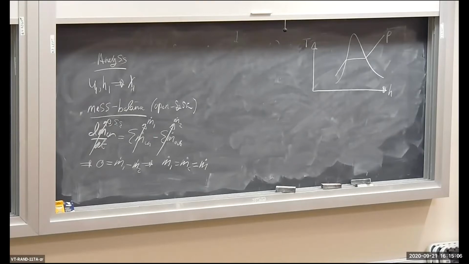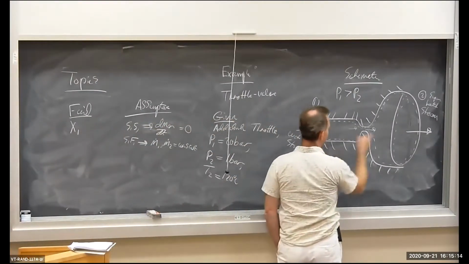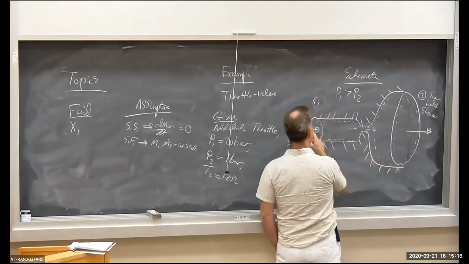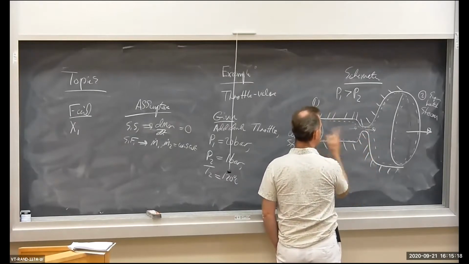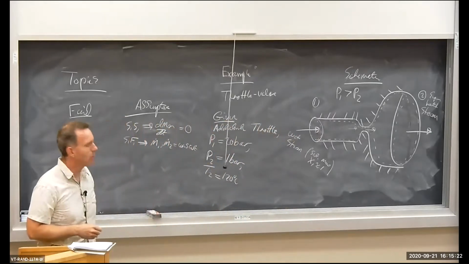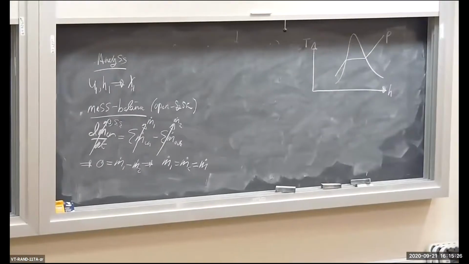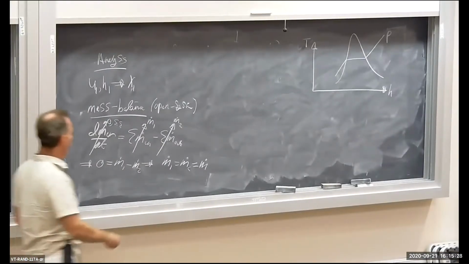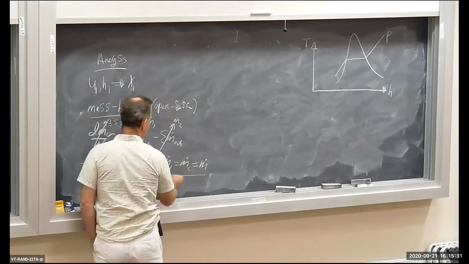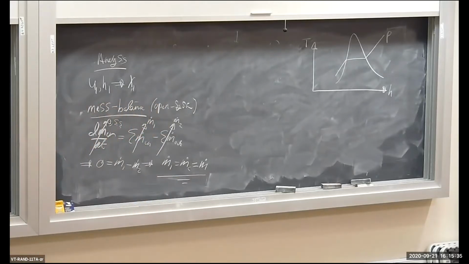The mass balance says if we're in steady state, steady flow, then these two mass flows are the same at the inlet and the outlet. So instead of referring to m dot 1 and m dot 2, I'm just going to drop the subscript. Inlet and outlet mass flow rates are the same and constant.